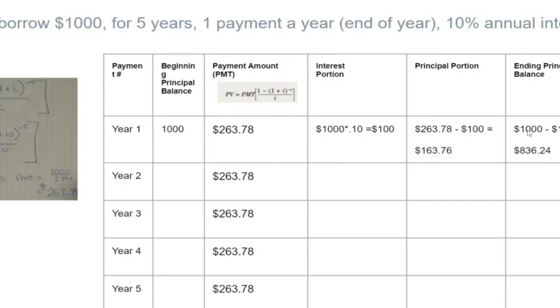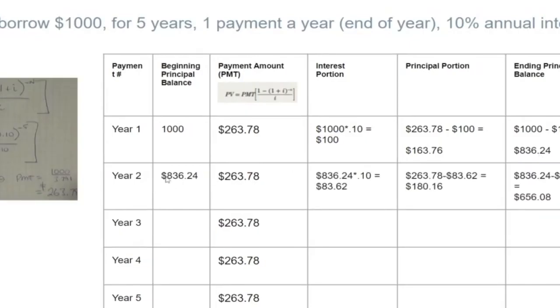That ending balance then becomes the beginning balance for the next period. So $836.24, we're going to carry it right down to here. The payment amount is the same every month. Could be different on the last month, but generally it's the same every month. So we just transcribe down $263.78, which is the amount of payment. In year two, there was $836.24 still outstanding.